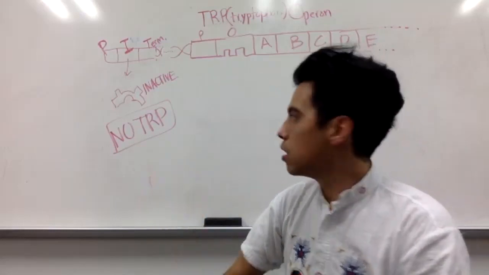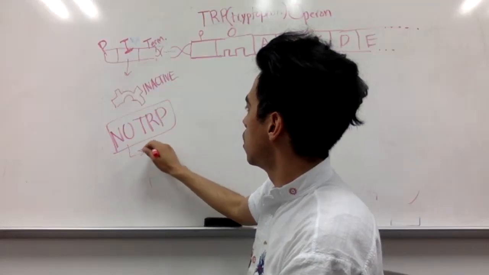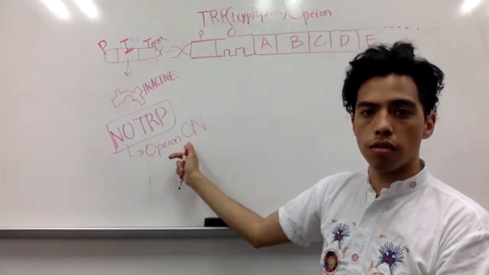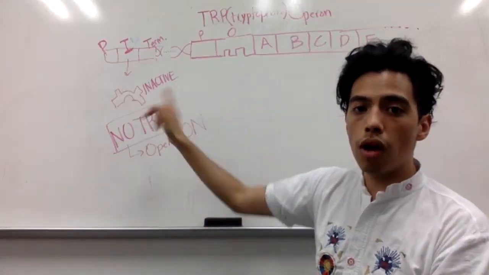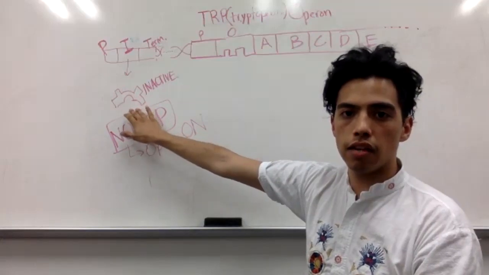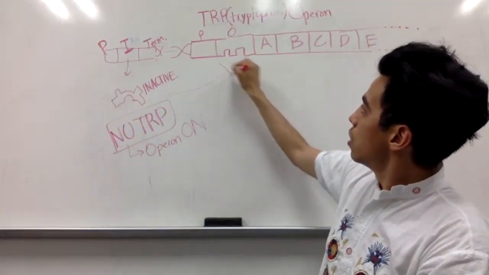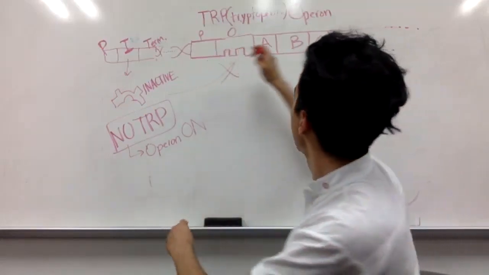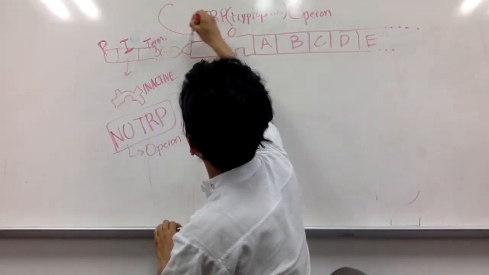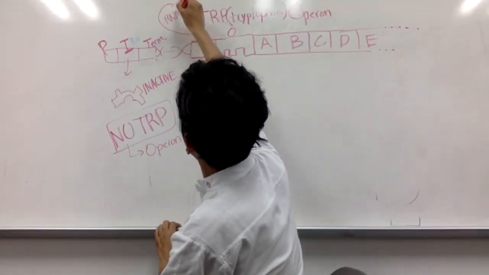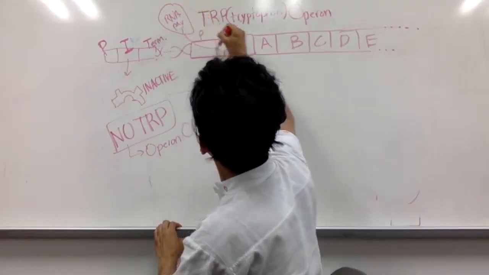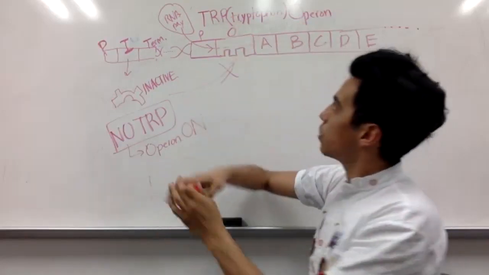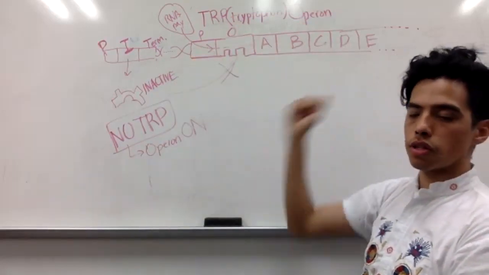So when there's no tryptophan, the operon is on, and that is why this repressor is inactive, and therefore it's unable to bind to the operator, and therefore the RNA polymerase is able to bind to the promoter and then transcribe all these genes.